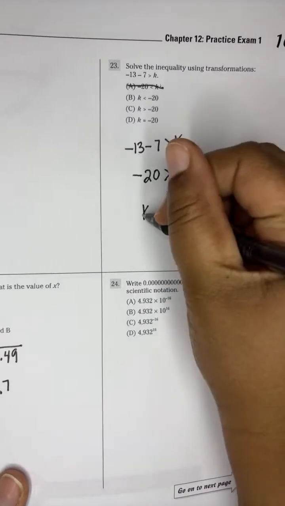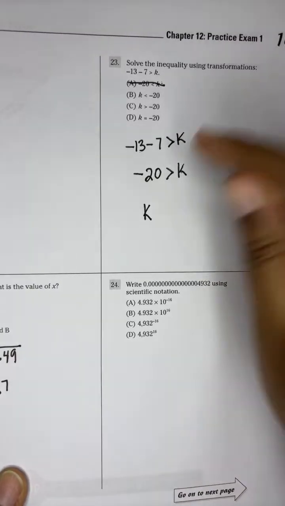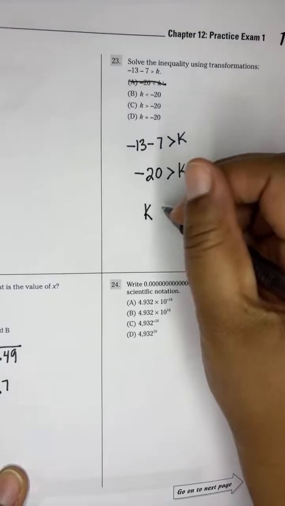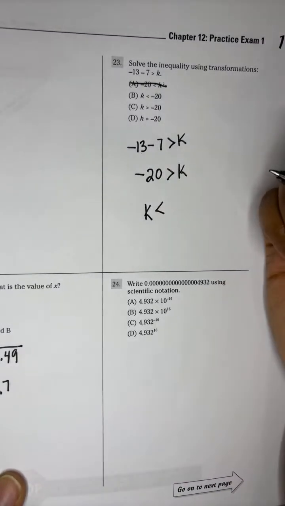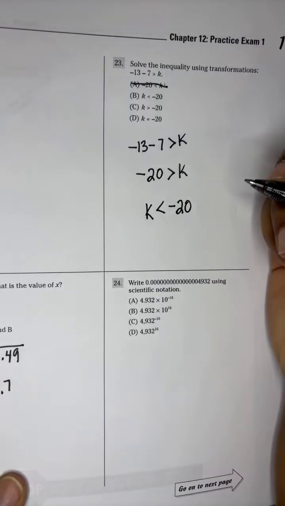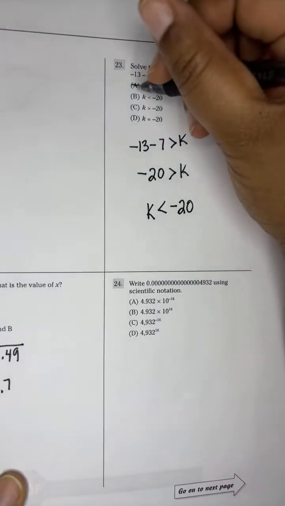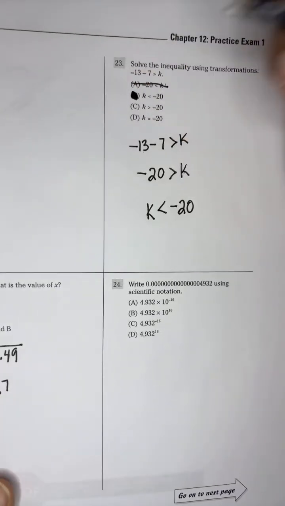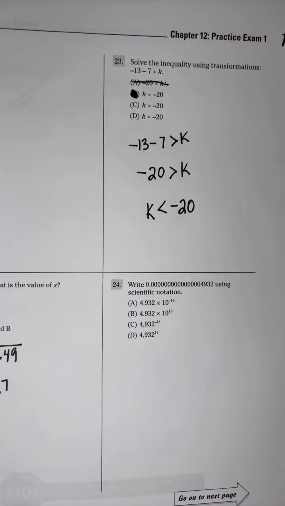But when we write our K on this side, you got to remember, you got to flip this, because if the K is going on this side, you got to flip the direction. And now we're going to write negative 20 over here. So if you said B, beautiful. Any questions on that one?